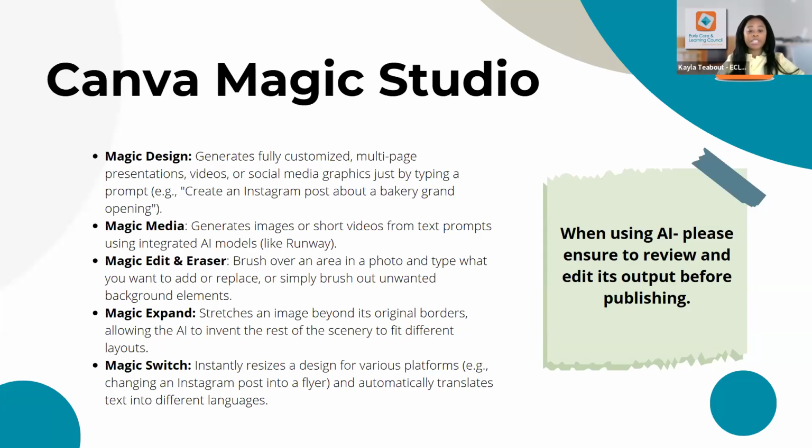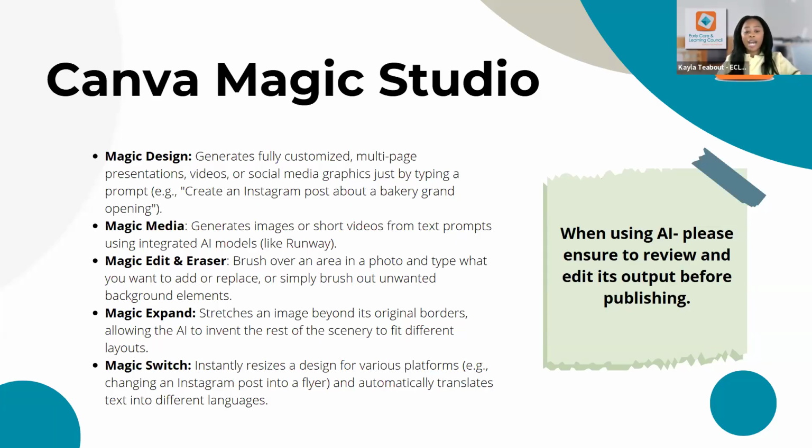Magic Media generates images or short videos from text prompts, like Runway. Then there's Magic Edit and Eraser. So you can brush over an area of a picture. Say you pull a picture from Canva and it has people in the background, but you only want the people in the forefront. You can take the brush and edit them out of the picture.